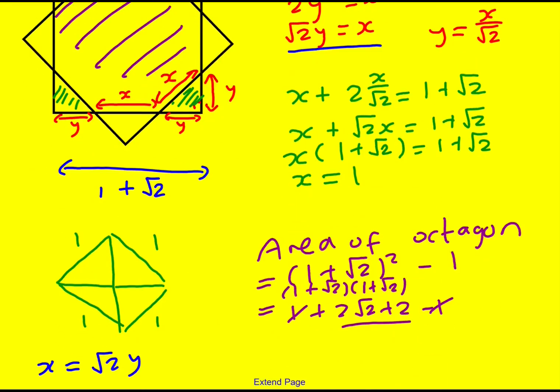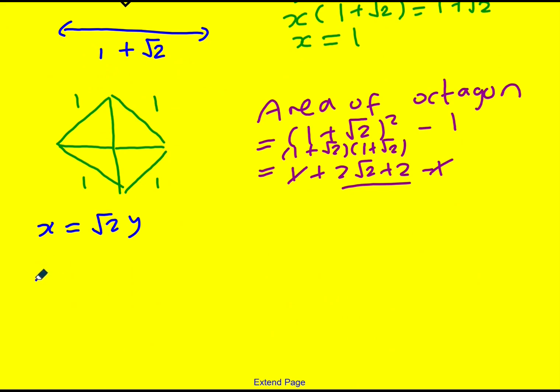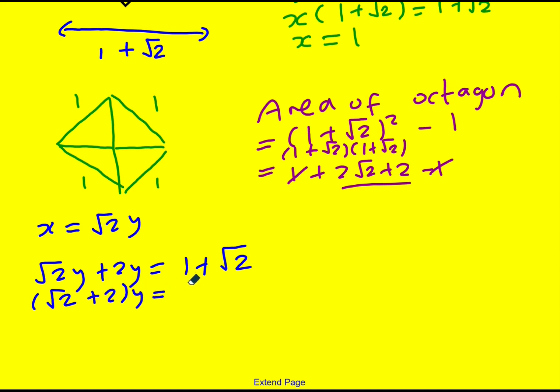So it becomes root 2y plus 2y is equal to 1 plus root 2. That tries out the y. And then I went with the exact value for y, so y is equal to 1 plus root 2 over 2 plus root 2.